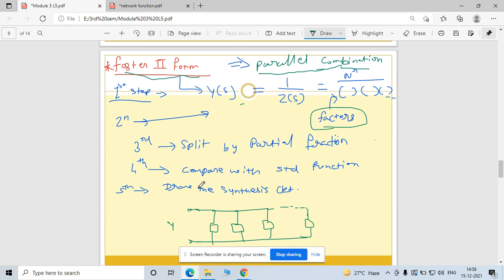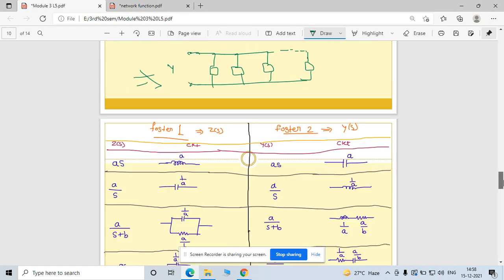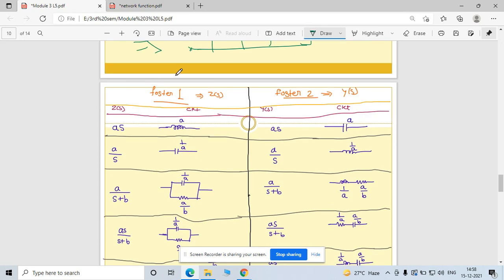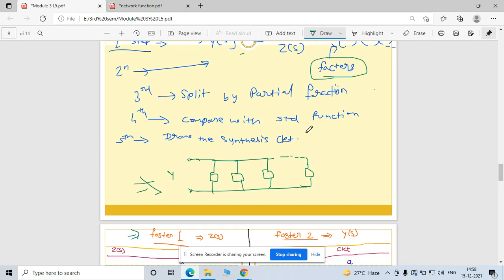And the fourth one is, once you factorize that function, you have to compare it with your standard function. Okay, so at the last stage you have to draw the synthesized circuit. For this Foster 2 format you have to draw in this admittance format. Now there are certain standard circuits which I have written here. This is the fourth step, at which you have to compare with your standard function.